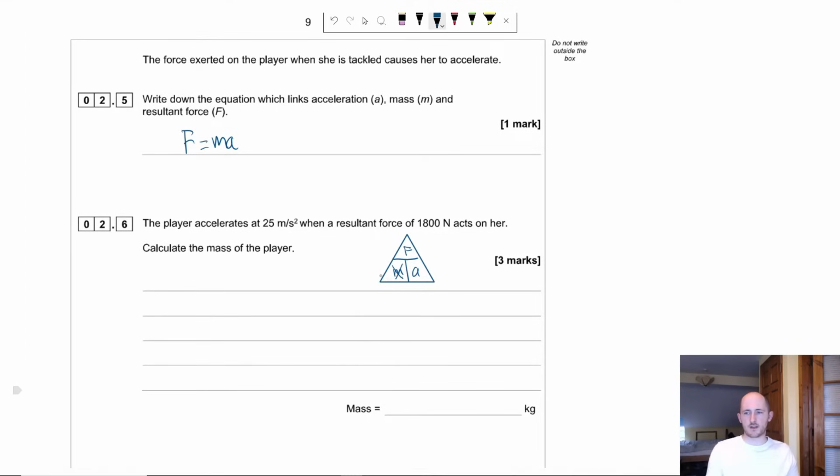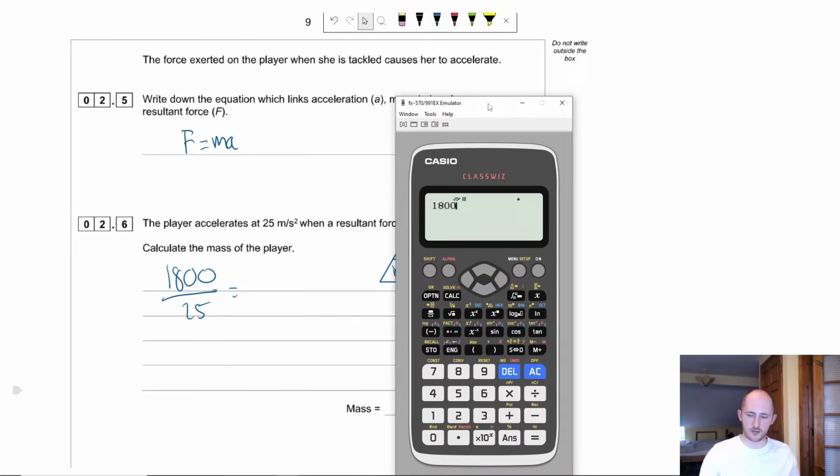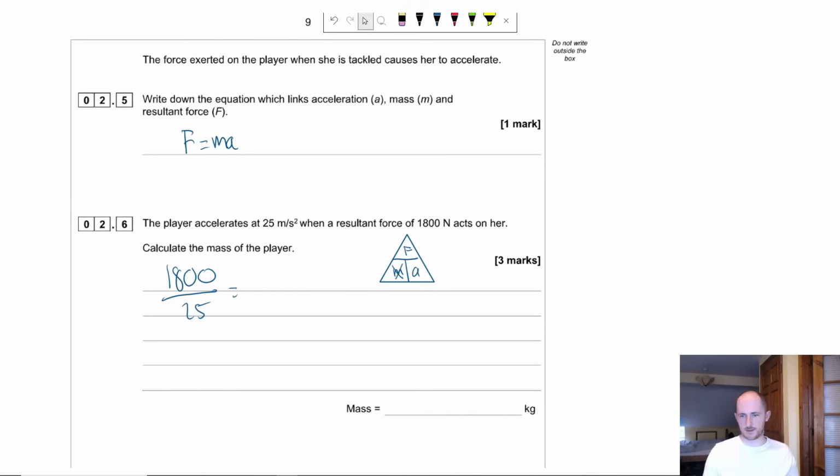Anyways, so force over acceleration. So we have 1,800 over 25, again, let's be nice and lazy, 1,800 divided by 25 gives me 72 kilograms. Again, 3 marks. Hopefully not that bad.